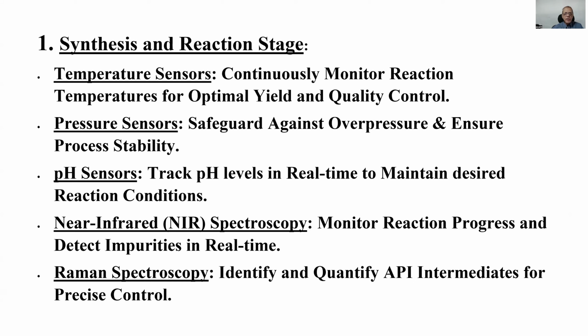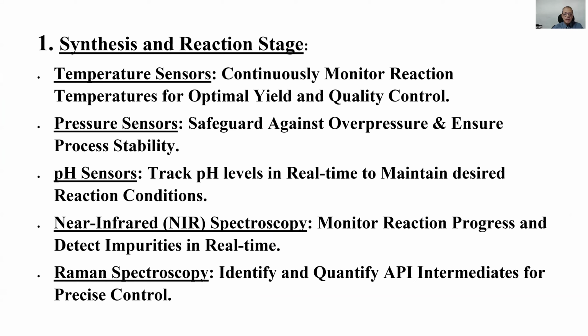The third is pH control, which tracks the pH levels as the reaction takes place in real time, so that you can maintain those reaction conditions which are desired or expected at that particular process.